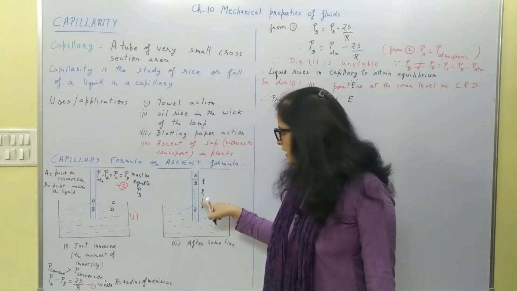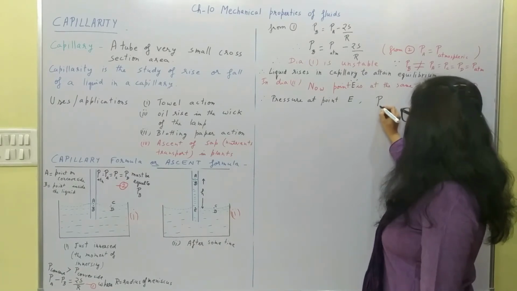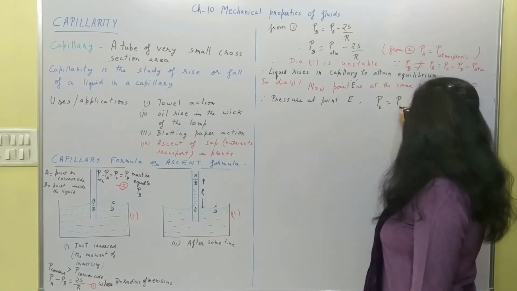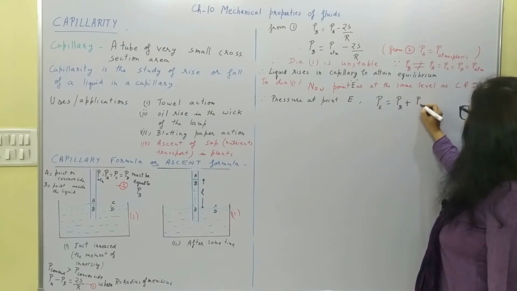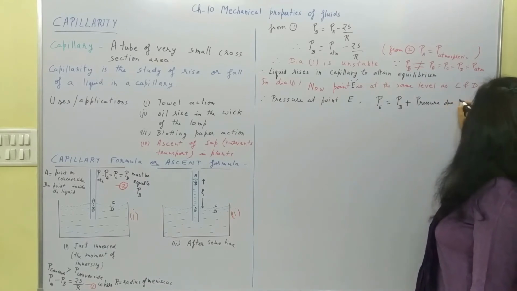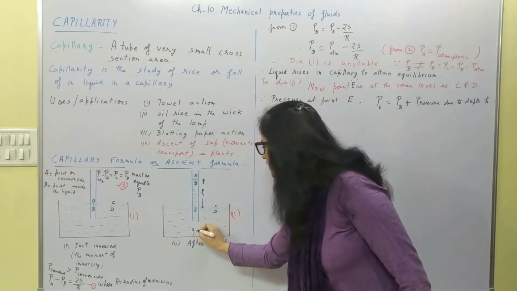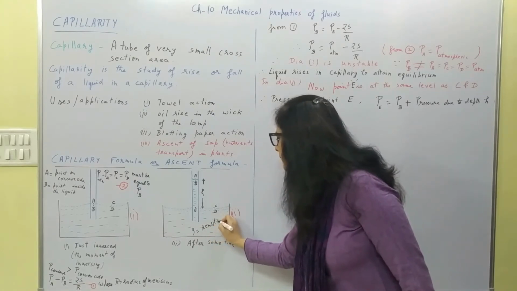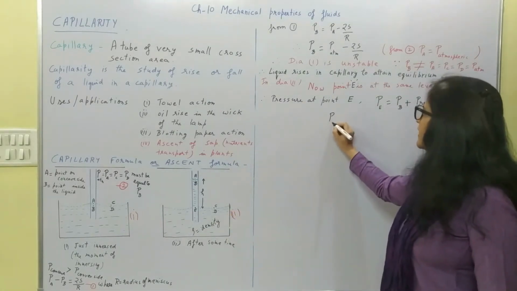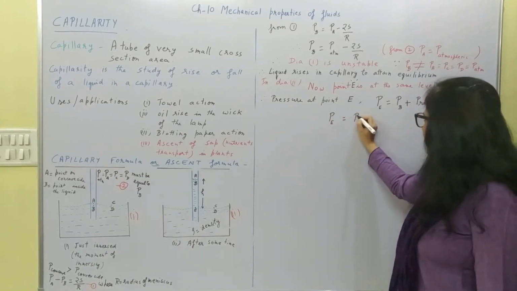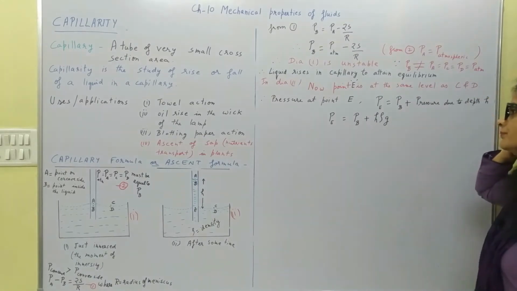So you can say pressure at point B plus the excess pressure due to this depth of point E. So here you can write that pressure at point E is equal to pressure at point B plus pressure due to depth H. Now if rho is the density of the liquid, then we can write that pressure at E is equal to pressure at B plus H rho G, right?